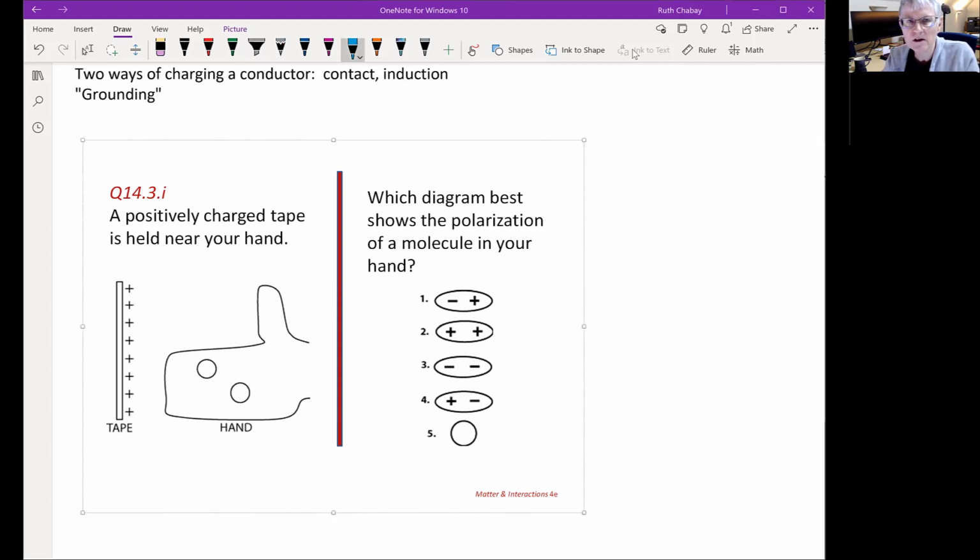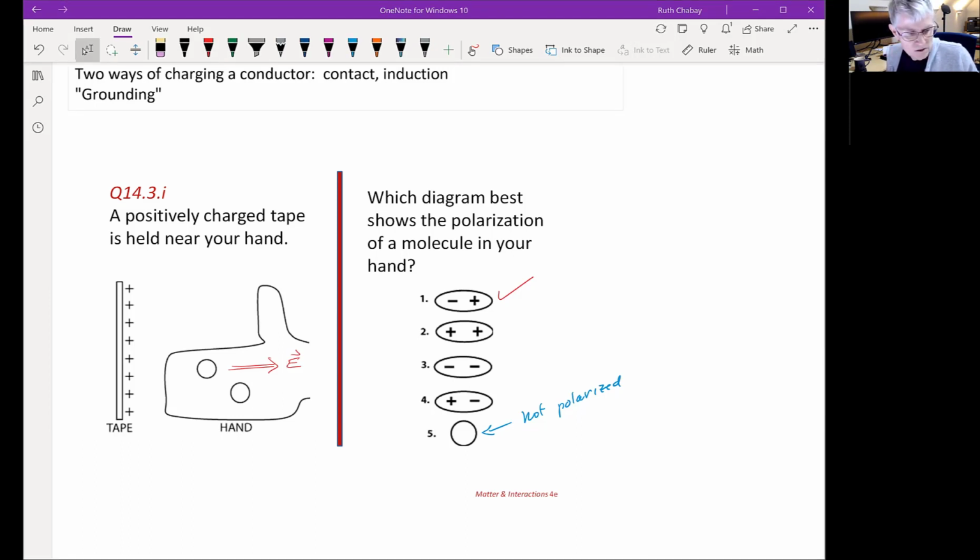If there's no charge separation, it's not polarized. So one is the correct answer, and we can think of it as the charged tape producing an electric field inside your hands that affects the molecules and polarizes them in that direction. So excellent.